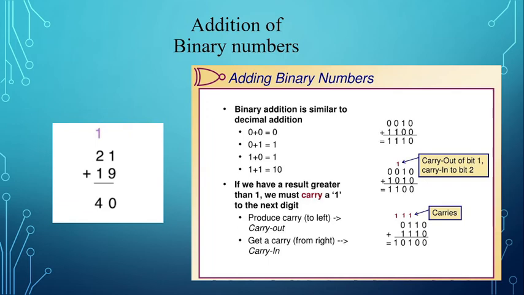So we put 0 there and take that 1, which represents 2 times the previous placement, to the other placement, and so we get 1, 0, 0.